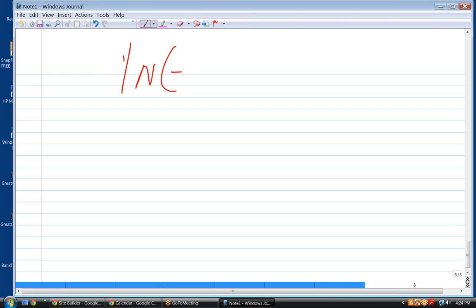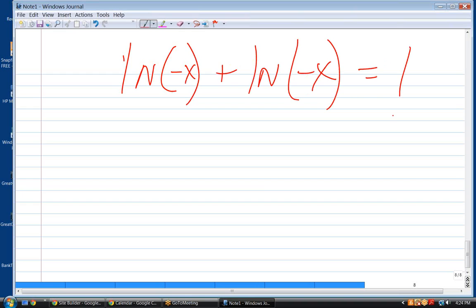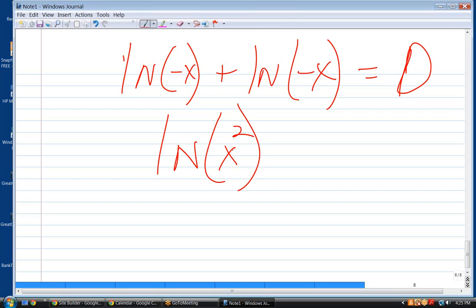Natural log of -x plus natural log of -x equals 1 or 0, let's say. Well, if I combine these, I get the natural log of x squared. I'm not going to violate any domains if I use this. No matter what x is, I'm not going to violate any domains. But in this line here, x has to be negative.